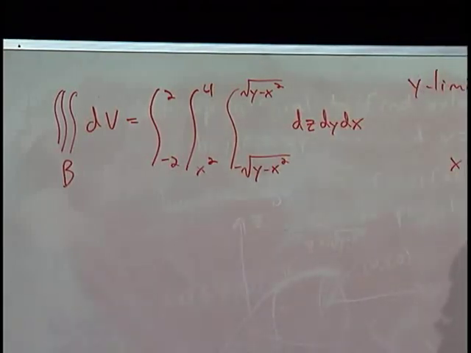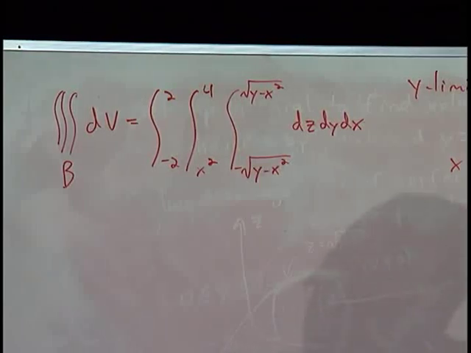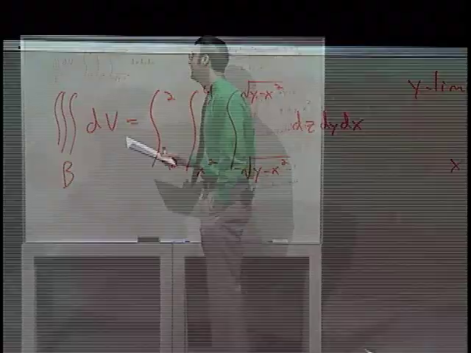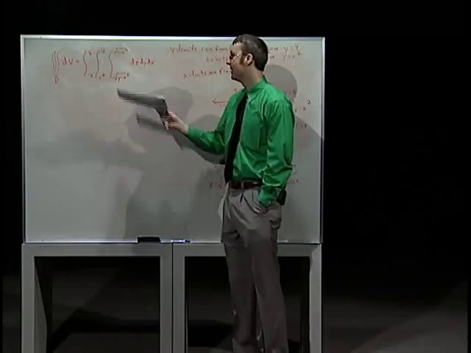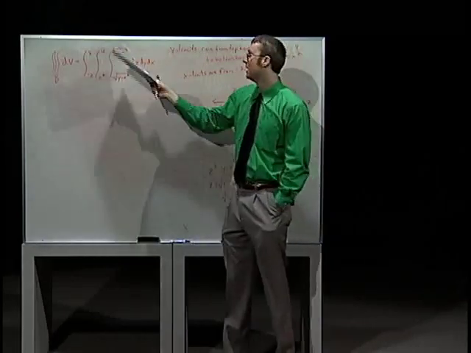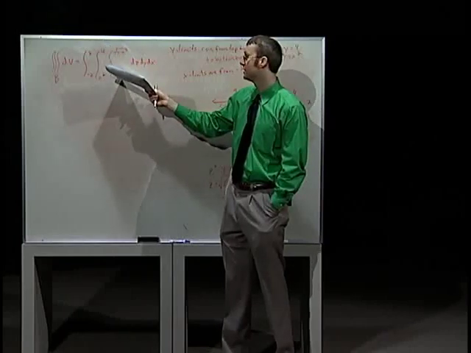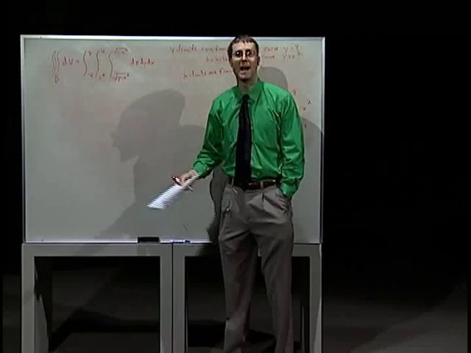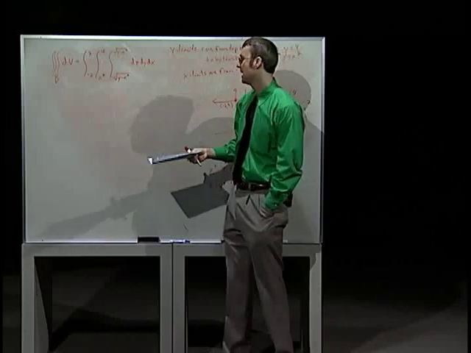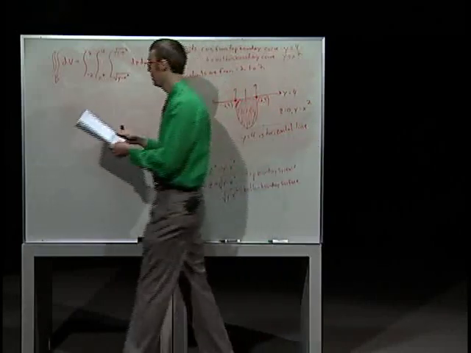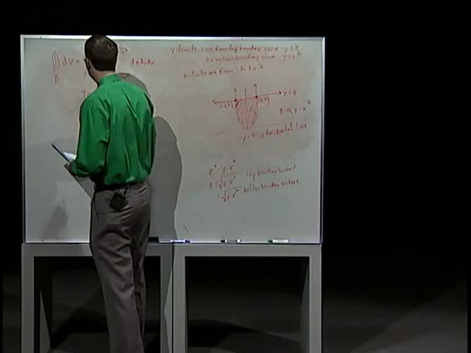So that's the integral that would give us this volume. Now, the problem is, if we try to actually compute this, it becomes very hard. Once we have these expressions plugged in for z, then integrating with respect to y is very challenging, because this is no longer an elementary function of y. So this is too hard to evaluate.